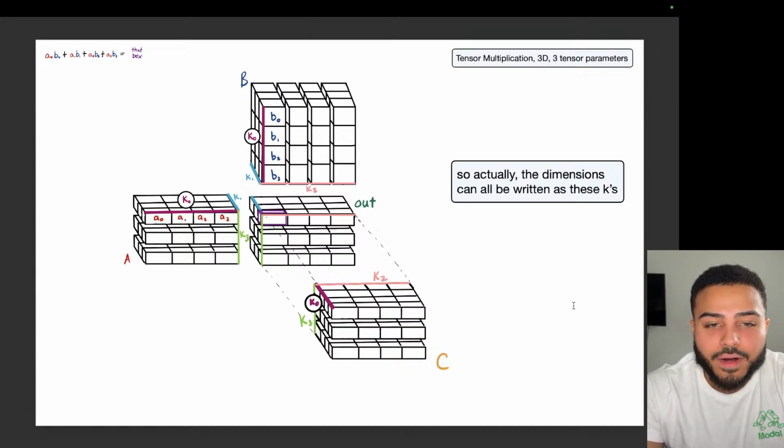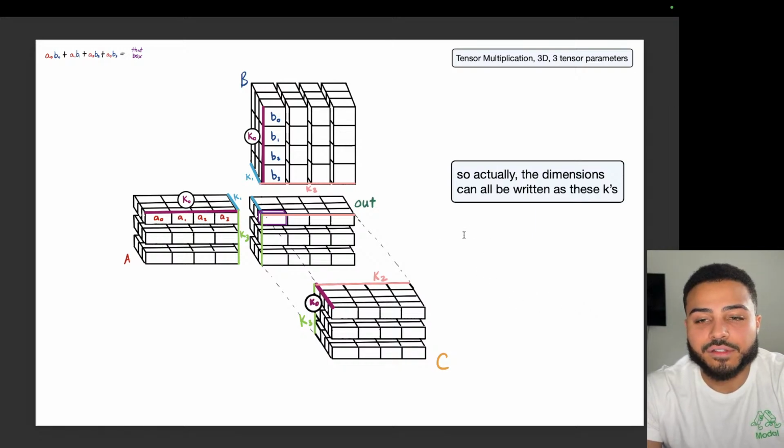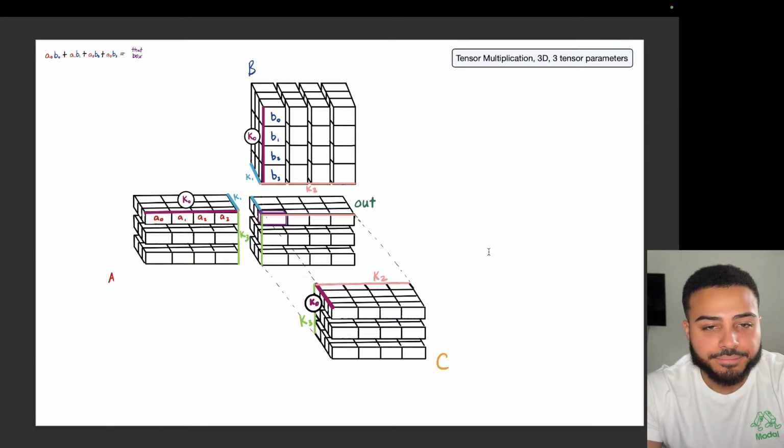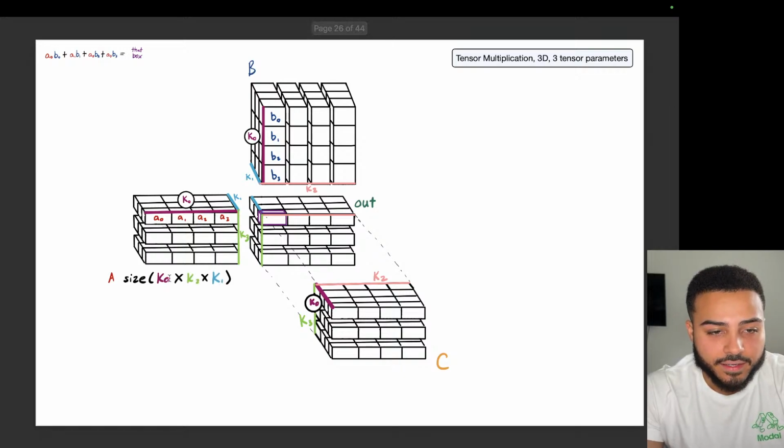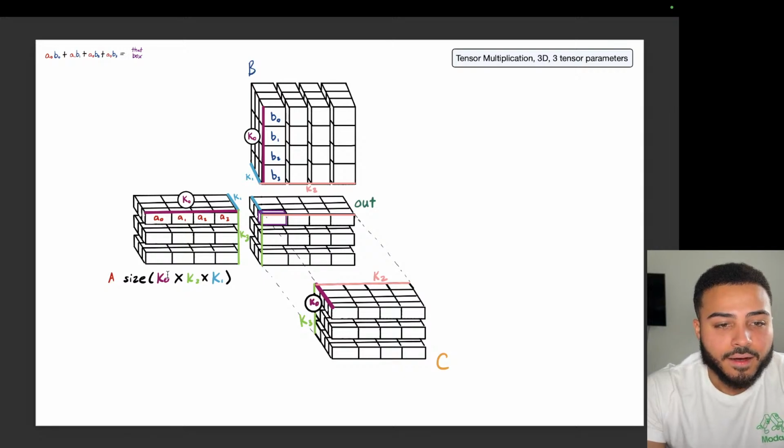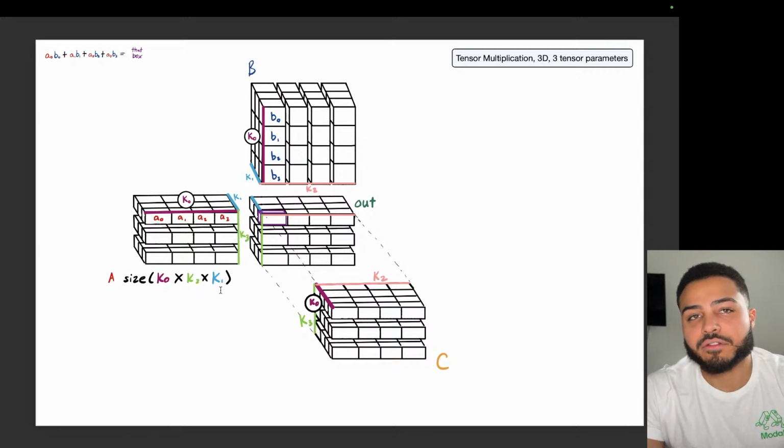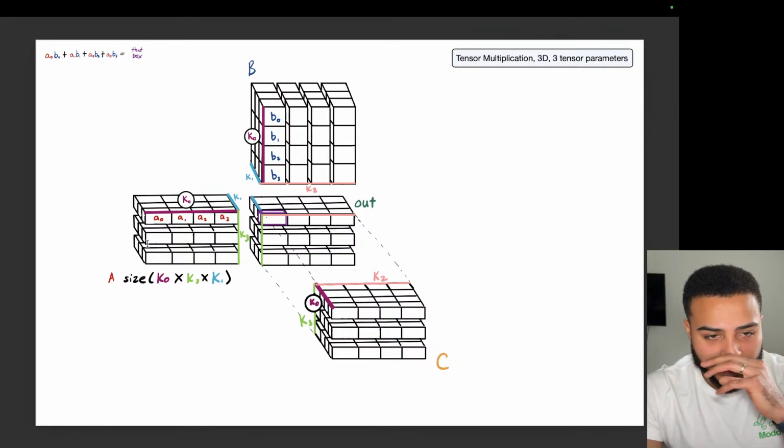So now we're at a point where we realize that all of the dimensions of all our tensors can be written as these Ks. So in tensor A, the size of it, the shape of it, whatever you want to call it, we're following that the first is the rows, the second is the column, so naturally the third is the z-axis.